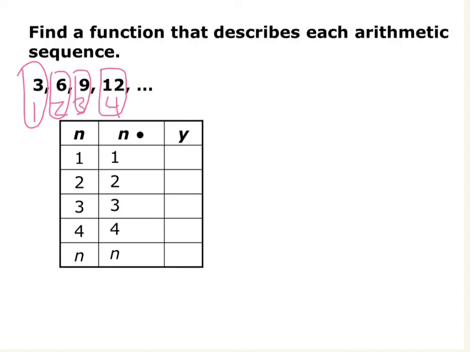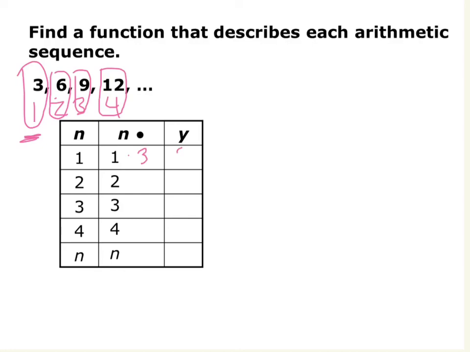Well, we could do a couple different things. We could either add 2 to it, or we could multiply it times 3. But it has to be the same thing that we do on the second one. So let's ask ourselves, what do we do to this 2 right here to get it to equal 6? Well, we could add 4 to it, or we could multiply it times 3. But remember, it has to be the same thing each time. And we just said on the first one that we could multiply it times 3, so let's try that.